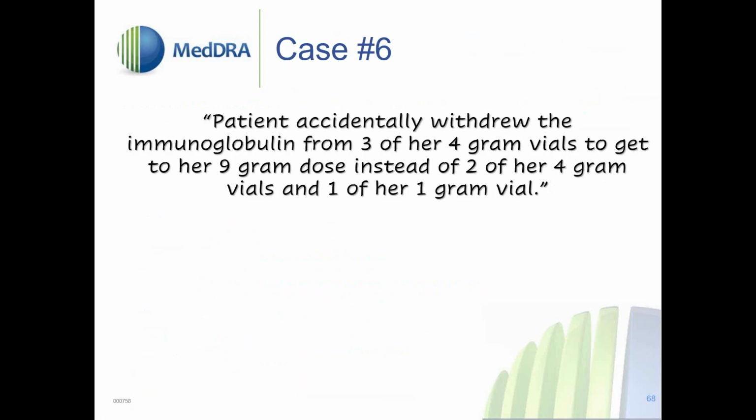Okay, then I will try to capture one more because it's easier. Patient accidentally withdrew the immunoglobulin from 3 of her 4-gram vials to get to her 9-gram dose instead of 2 of her 4-gram vials and 1 of her 1-gram vial.